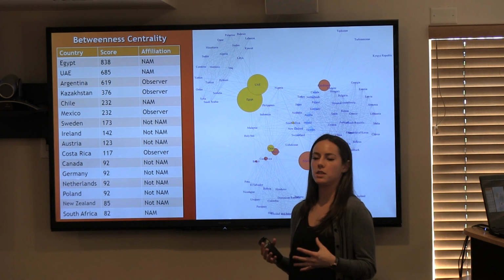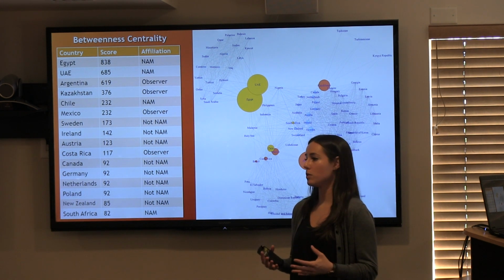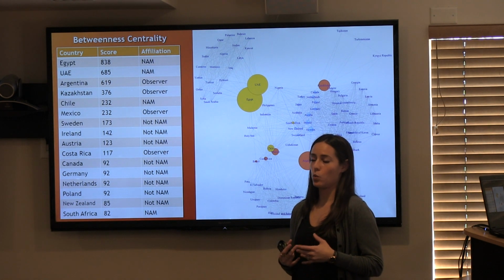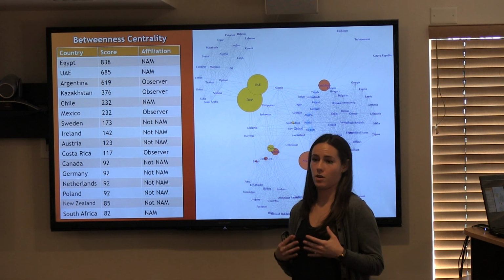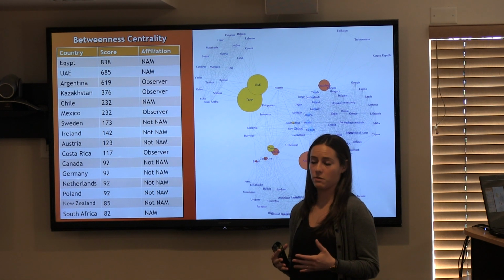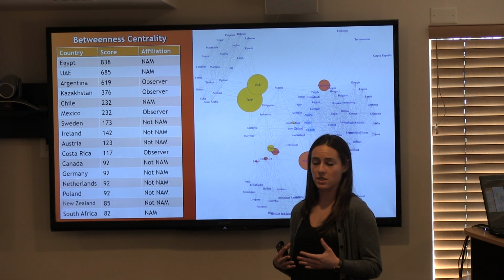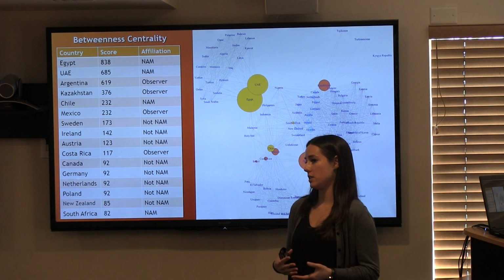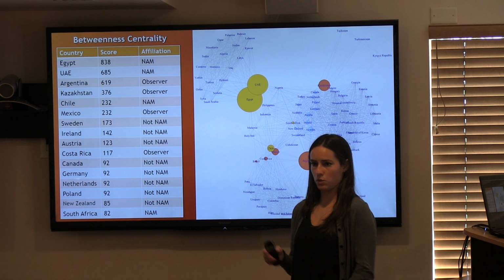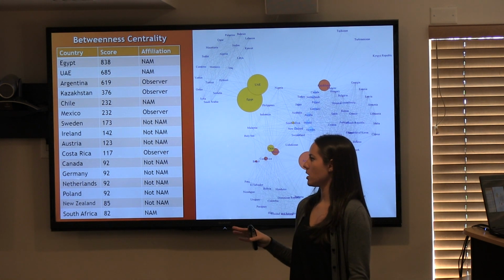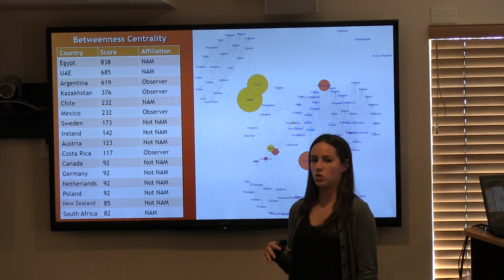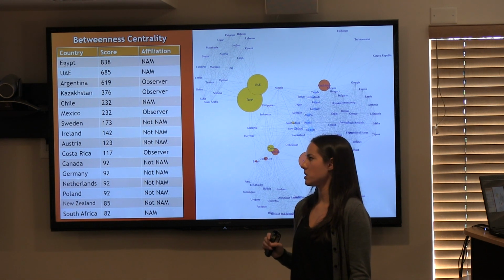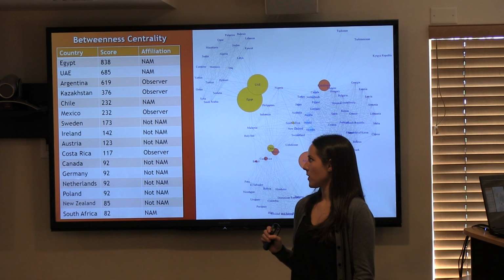And so they might not be seen as a broker for positive results, but actually the fact that Egypt can wield that amount of influence and could stall or block consensus for its own reasons does represent brokerage that it has for its own means. So just because we don't necessarily see some of these countries as traditional brokers doesn't mean that they don't hold a lot of influence in the network and exchange of information or resources. So I just wanted to point that out.